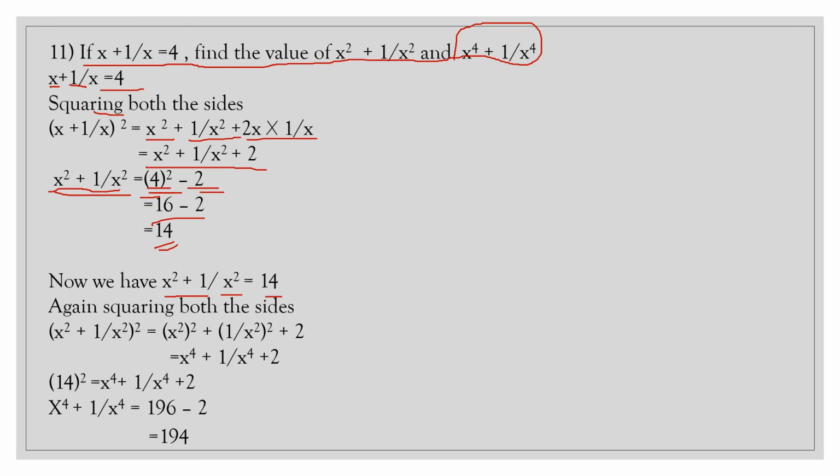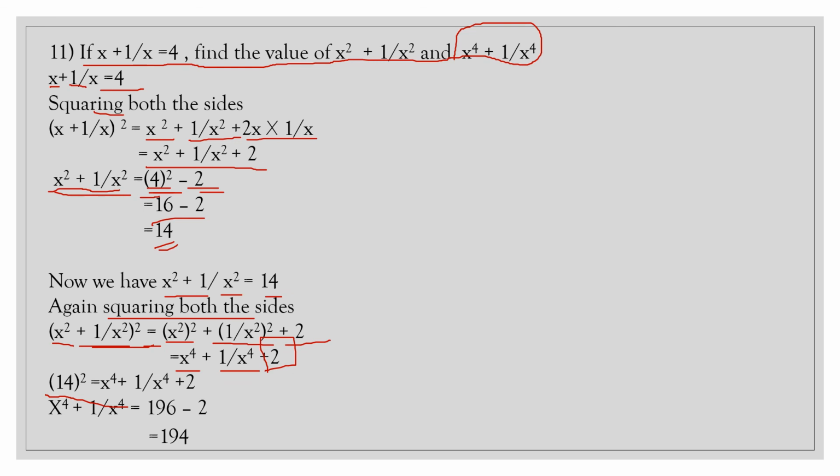Again the same working, squaring both the sides. You will get x square plus 1 by x square whole square is equal to x square whole square plus 1 by x square whole square plus 2, which is equal to x to the power 4 plus 1 by x to the power 4 plus 2. Children, you have the value of x square plus 1 by x square, that is 14.